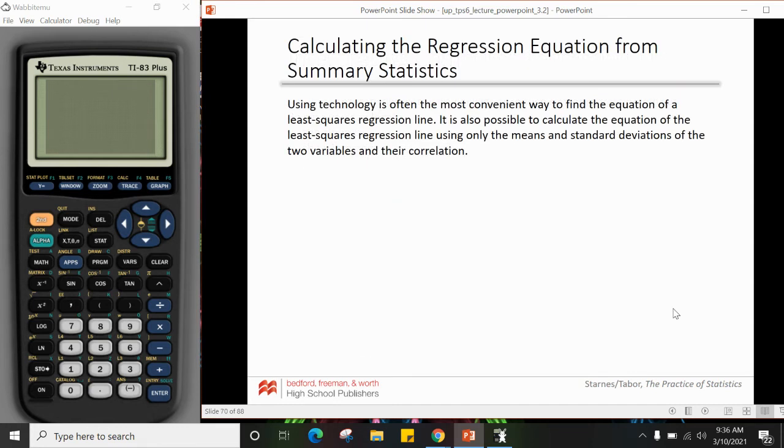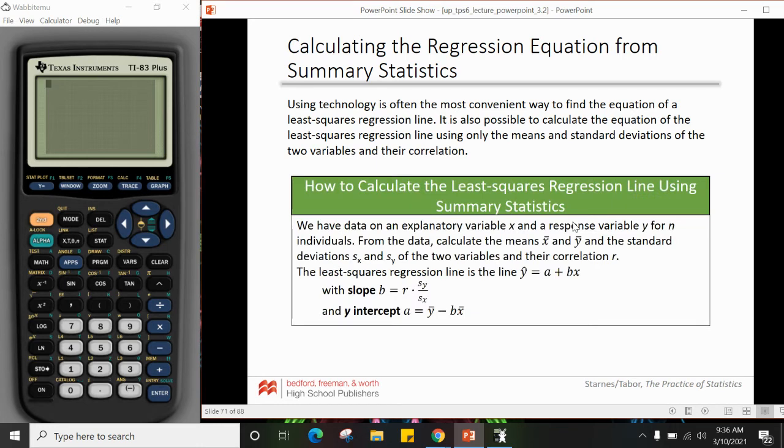So calculating the regression equation from summary statistics. Using technology is often the most convenient way to find the equation of a least squared regression line. It is also possible to calculate the equation of the least squared regression line using only the means and standard deviation of the two variables and their correlation. So how do you find it?